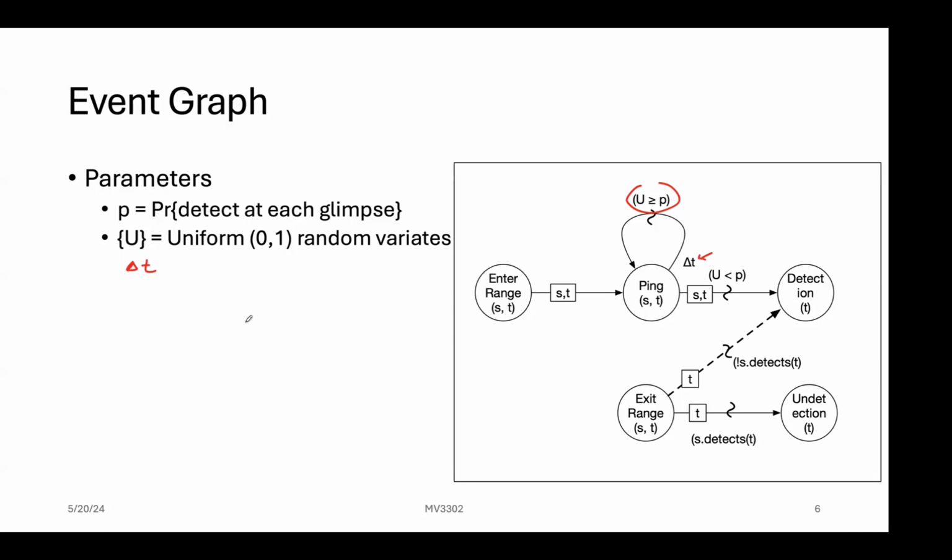Okay, now, darn it, I thought I had a slide for this, but I don't. So I'll have to do this by hand. Is it intuitive that since we are periodically, at fixed intervals, pinging the target and detecting it with a certain probability, it's intuitive to call that a constant rate of detection?